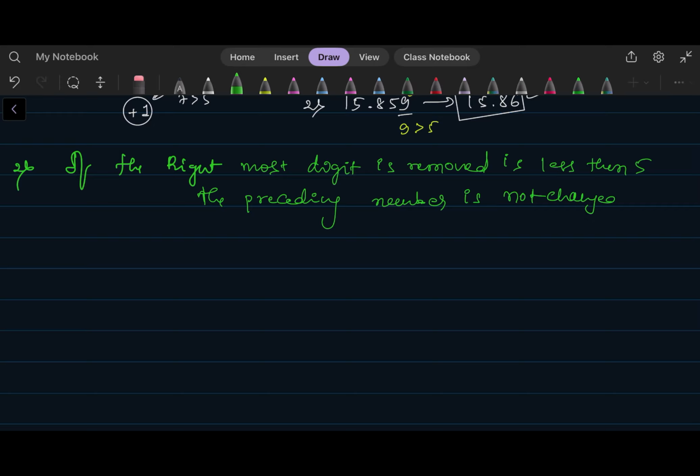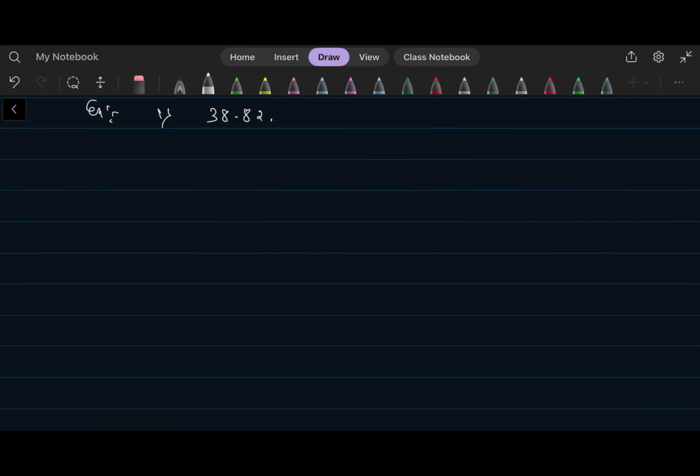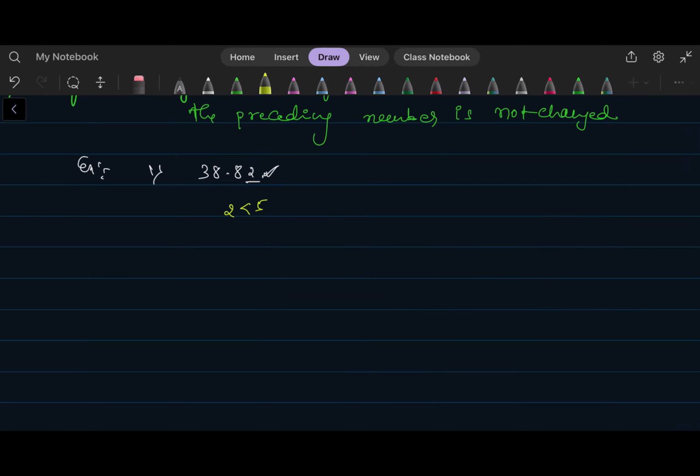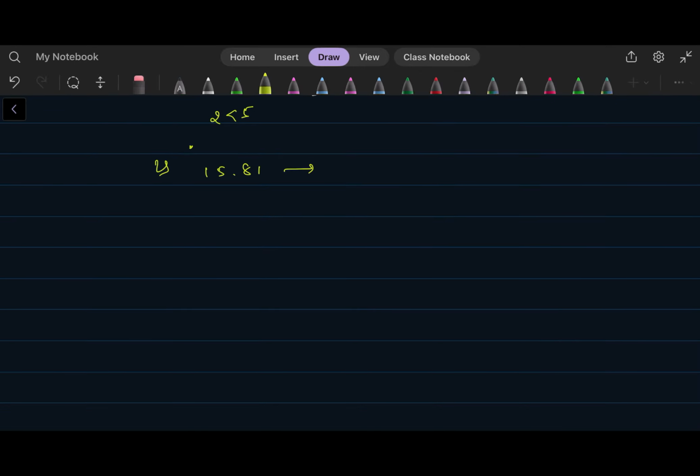Let's understand with an example. Example number 1: if I have the value 38.282, I want to remove the terminal 2, but 2 is less than 5. Therefore the preceding value, that is 8, you can't change by 1, you just keep it as it is, 38.28. For example, next, 15.81 is there. I want to remove the 1, but 1 is less than 5, therefore the value is rounded off as 15.8. This is rounding off rule 2.